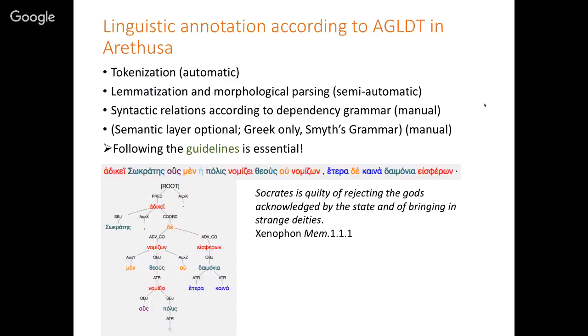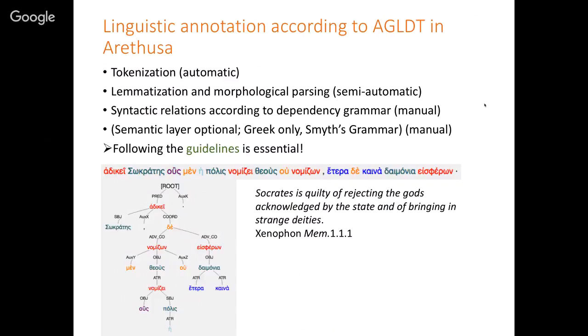Every token is given an ID number. You will see that later on. Then there is a lemmatization and morphological parsing, which is semi-automatic in Arethusa. And then the syntactic relations, according to dependency grammar, this has to be done manually.